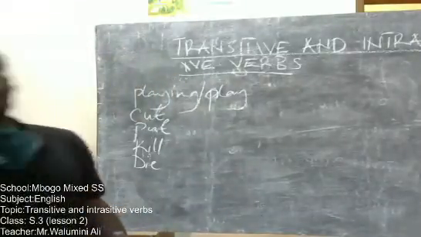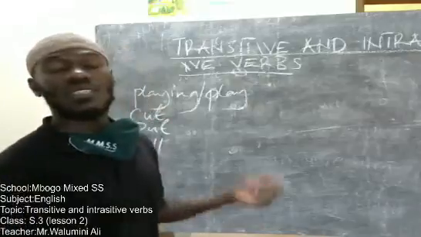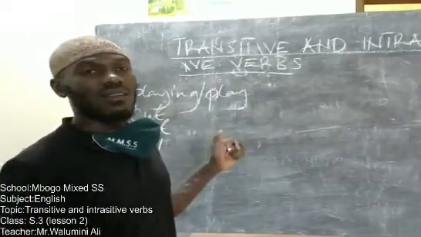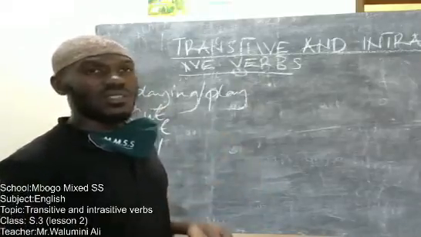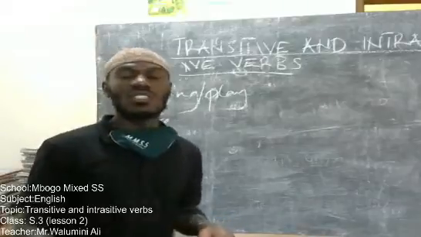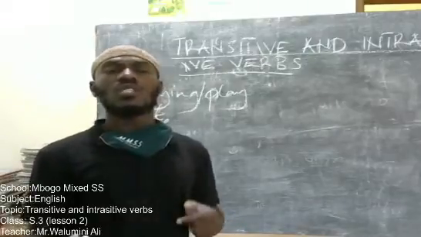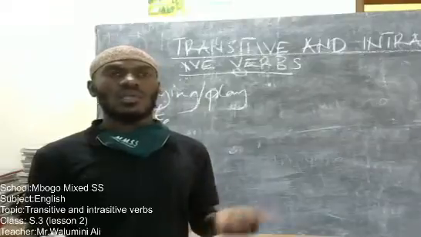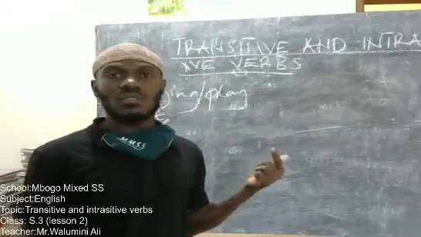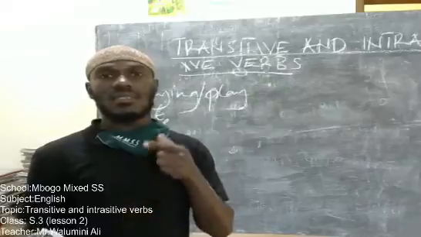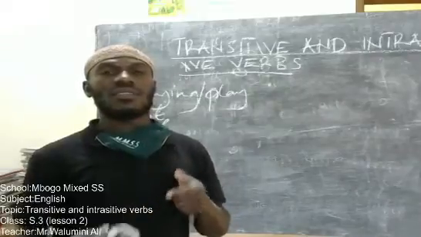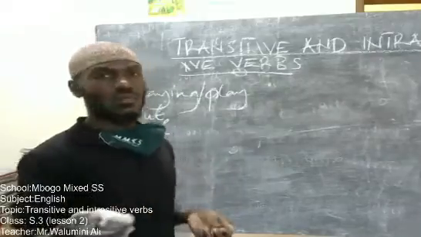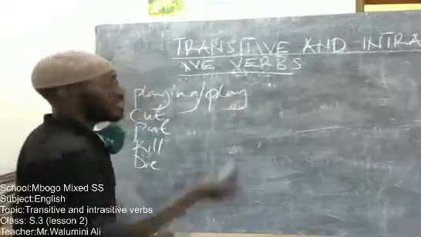So before going to transitive and intransitive, I wanted us to look at the word verb and know what it means. Please, maybe I've forgotten to tell you, but I'd like you to get books and note these things down. I may not actually write all the things I'm talking about, but if you are responsible enough, I know you have to get a book and write or note these things down.